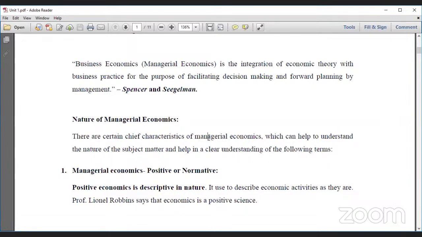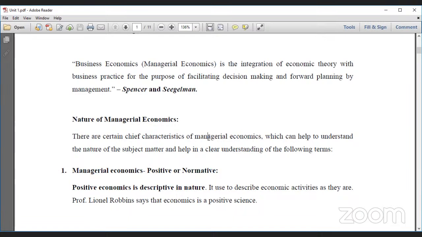Managerial economics solves these problems by using microeconomic tools. In general, we can say managerial economics is nothing but the application of microeconomic tools to business decision making. Whatever we studied in units 2, 3, 4, 5 are microeconomic tools.